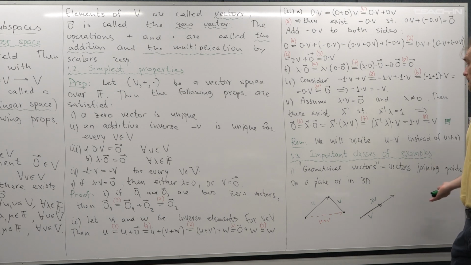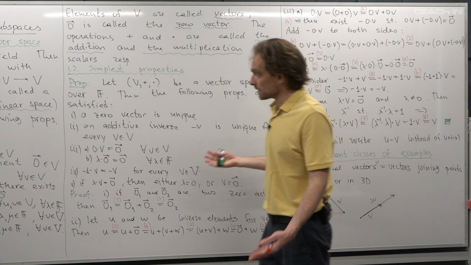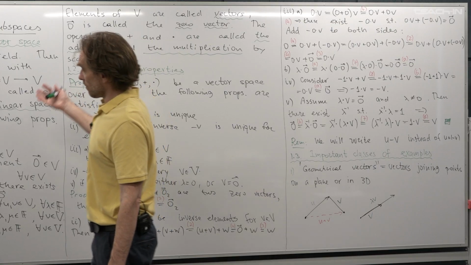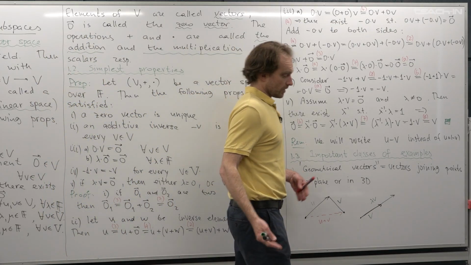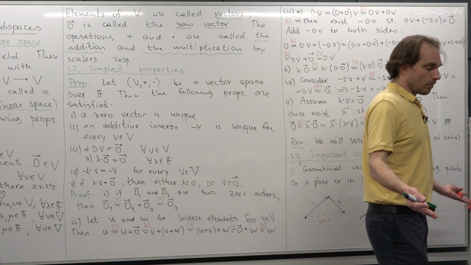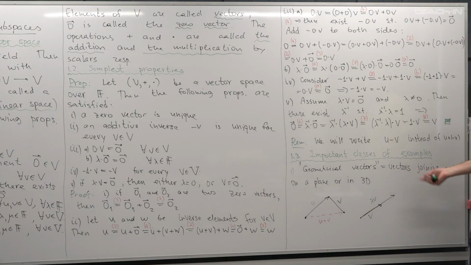And of course this gives us an example of a vector space. So obviously all the properties are satisfied for geometrical vectors. So the set of geometrical vectors on a plane, or in three-dimensional space, forms a vector space over the field of real numbers.